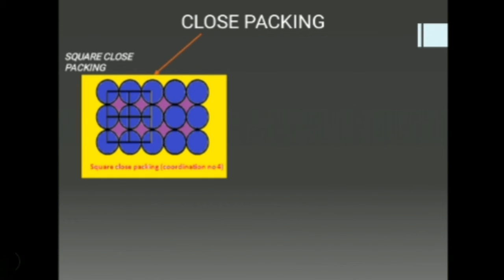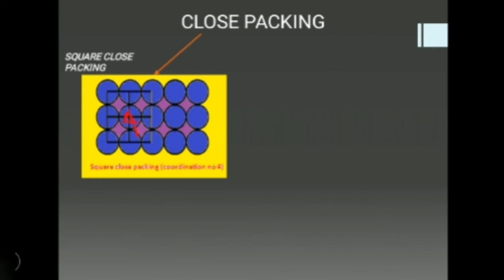So this gives you a square close packing. You just stack one above the other. Now how many spheres is this in contact with? This one, this one, this one, and this one. Right? When you join the centers of the neighbors of this sphere, which you can name as A, how many neighbors of A are there?